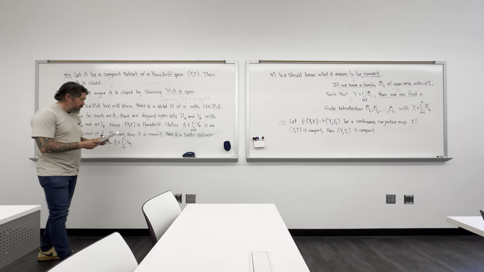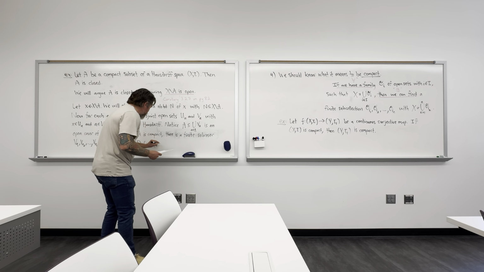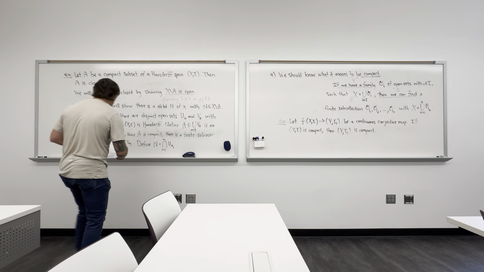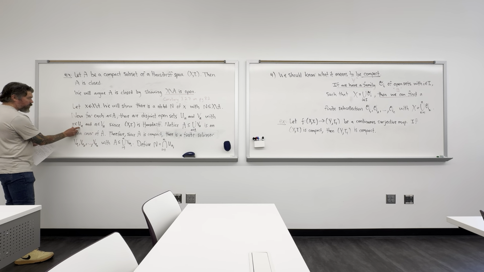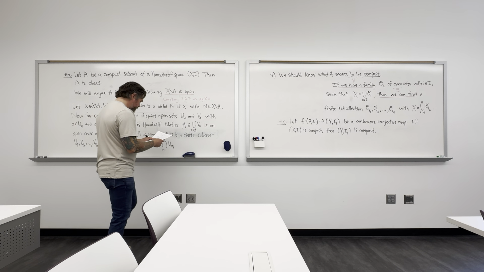Here. Okay, so define N to be the intersection of these U_ai, because for each one of these V_ai, there's a corresponding U_ai, so let N be the intersection of those.